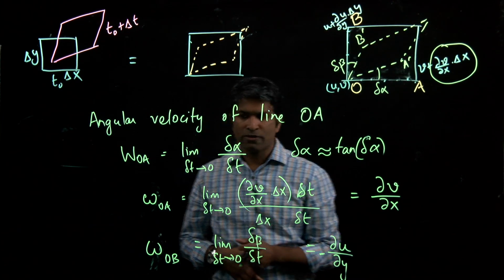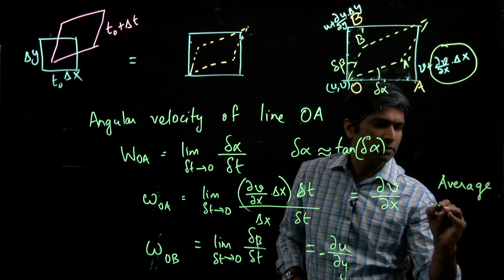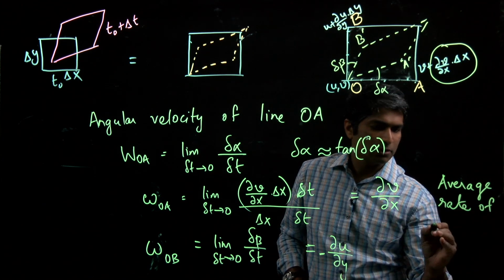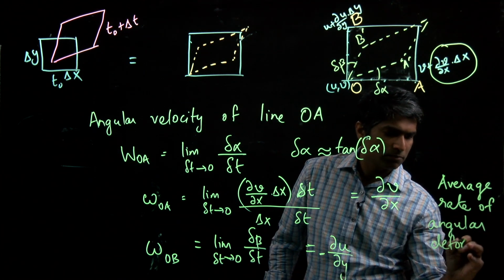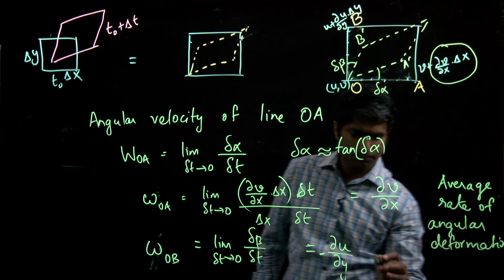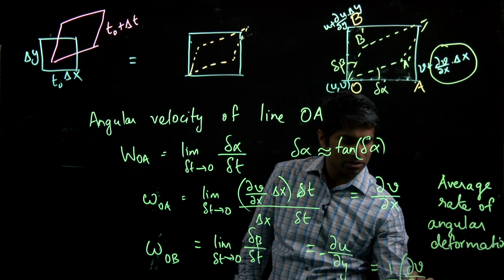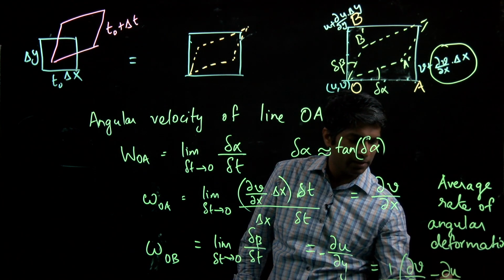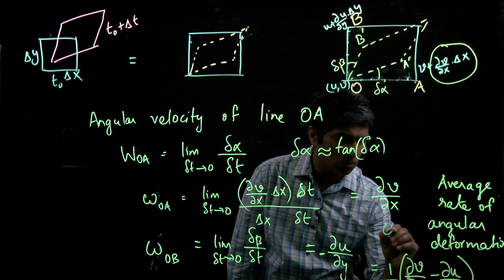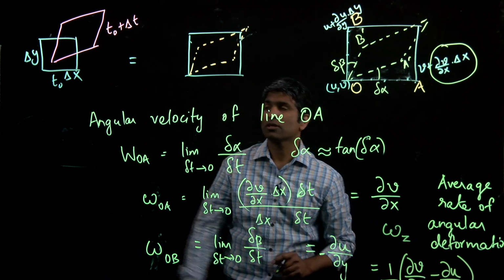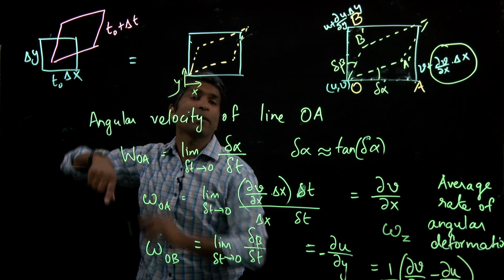So if I look at the average rate of rotation, the average rate of rotation will just be half of del v del x minus del u del y, and I'm going to call this omega z because this is about the z direction where this is x and that is y.